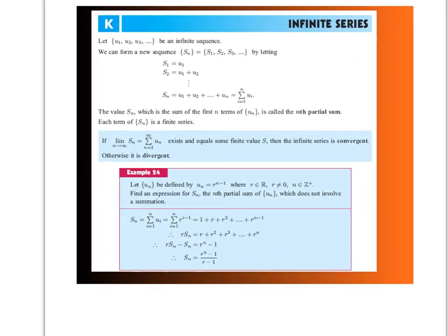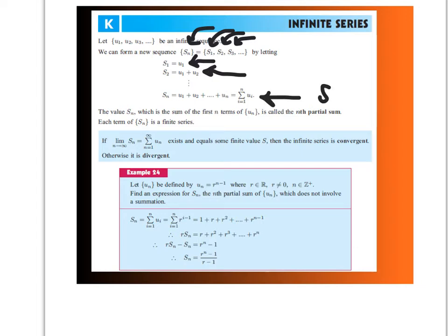Okay, so here's an infinite series. Let u1, u2, and u3 be an infinite sequence, just an infinite list of numbers. We can form a new sequence by taking each of the partial sums and letting S1 equal u1, S2 equal u1 plus u2, and S of n equal the sum of all terms.